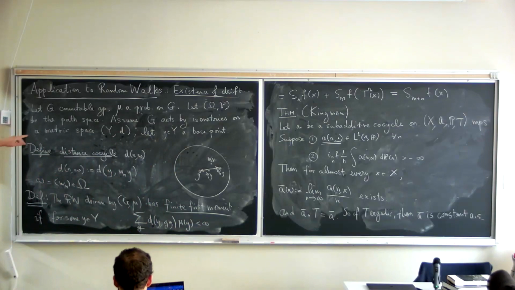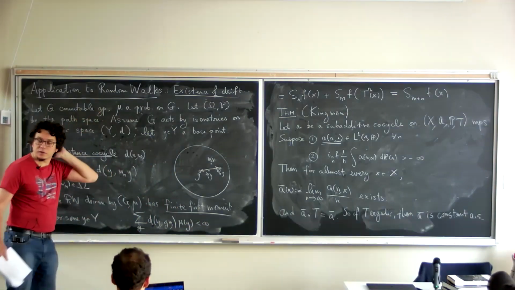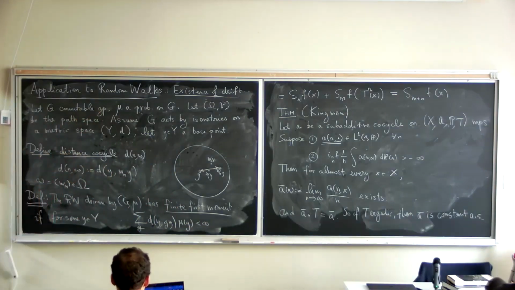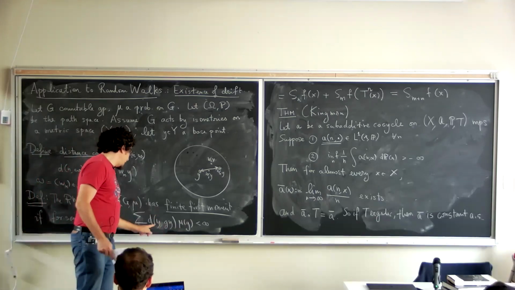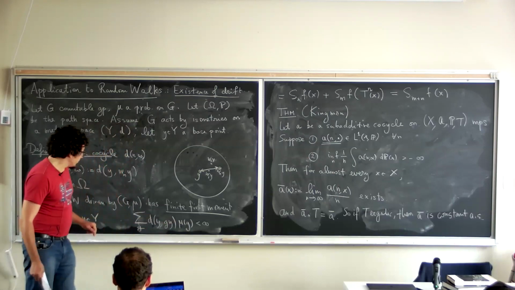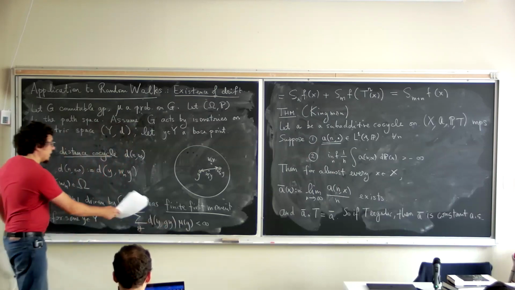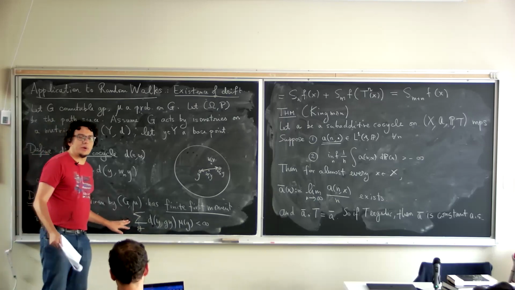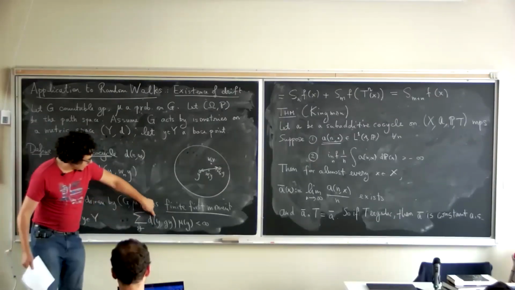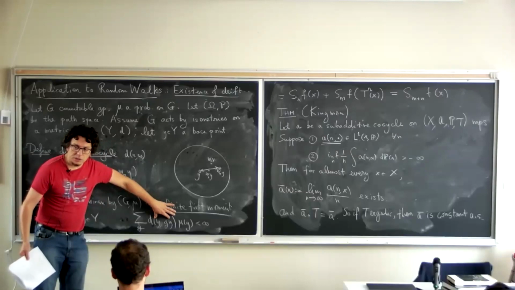So you see mu as a measure on G, and then you're taking the distance from y to gy, and you want this to be finite. What is the meaning of this finite first moment? It means that this is the step length of the walk.